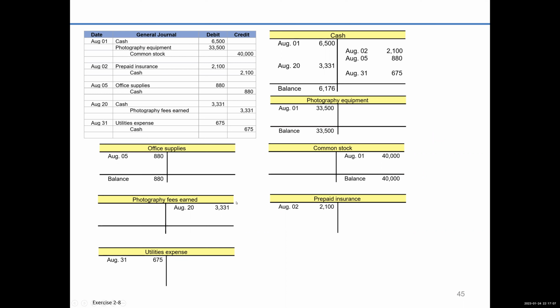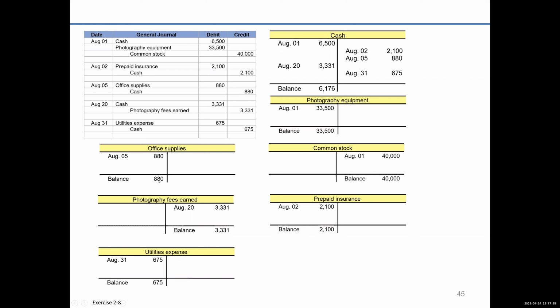Our photography fees earned is going to be a credit of 3,331. Our prepaid insurance is going to have a debit balance of 2,100. And of course, last but not least, our utilities expense is going to have a debit balance of 675.